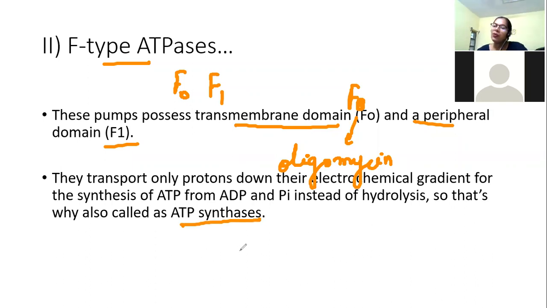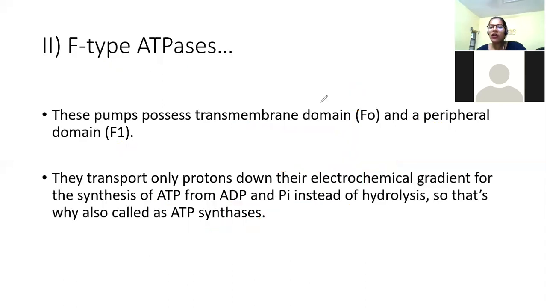Here we are going to make ATP instead of using ATP. So the protons are transported down their electrochemical gradient for the synthesis of ATP from ADP and Pi instead of hydrolysis, and hence they are called ATP synthases. In this we are going to talk about how ATPs are synthesized.